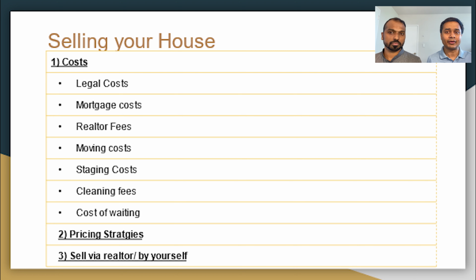Now, mind you, when you go with a realtor, you have to pay some commission. The commission will be to the tune of 5%, which we spoke of when we were explaining the cost. The 5% is split equally between the buyer's real estate agent and the seller's real estate agent. So, as an example, if you are planning to sell a house for $500,000, then this fee is going to be $25,000 in agent commissions alone.